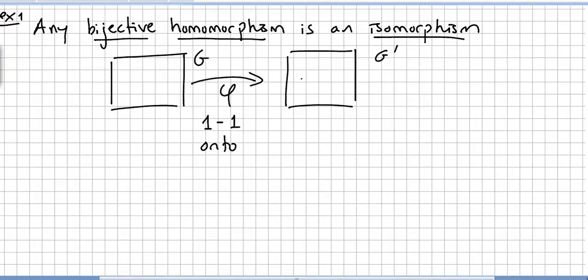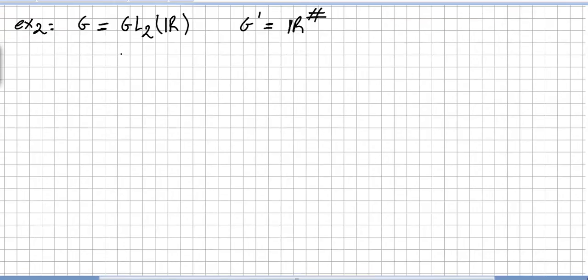And what's so special about the isomorphisms? The kernel, so the set of the elements that will be mapped into the identity, the kernel of an isomorphism is the identity. So if there is an isomorphism, there will be only phi of the identity into the identity.